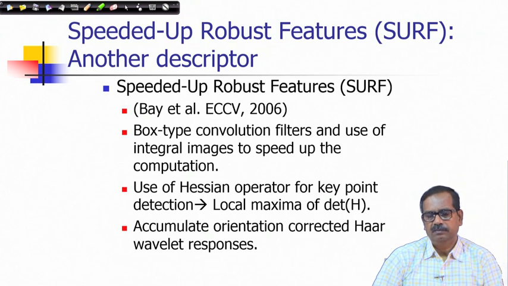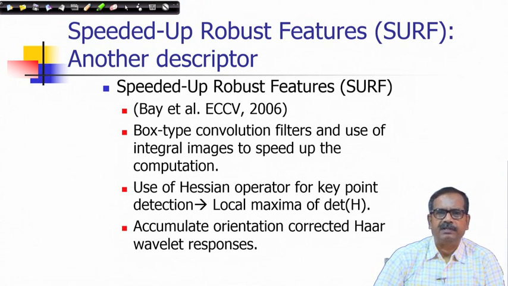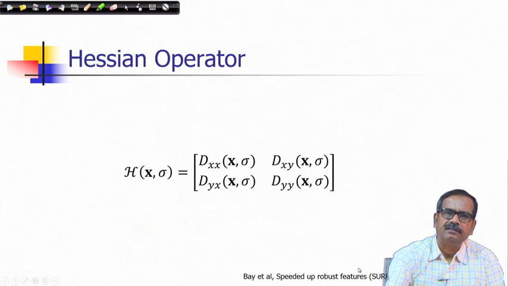So, in SIFT we accumulated orientation corrected gradient directions, and in this case the gradient computation is carried out using Haar wavelets, which can be easily implemented by box filters. I will elaborate in subsequent slides.